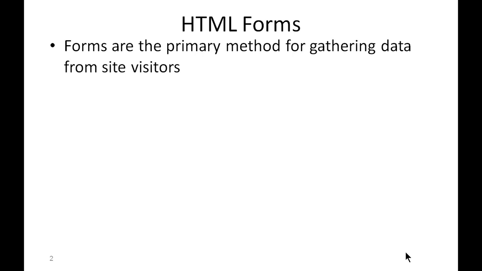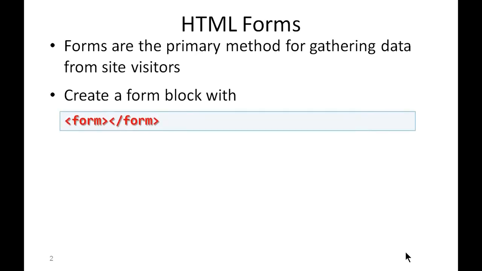There are various form elements, okay? Now to make a form, there are various form elements available. Create a form block. Now if you want to create a form, an example is here. You will create a form using the form tag, okay?